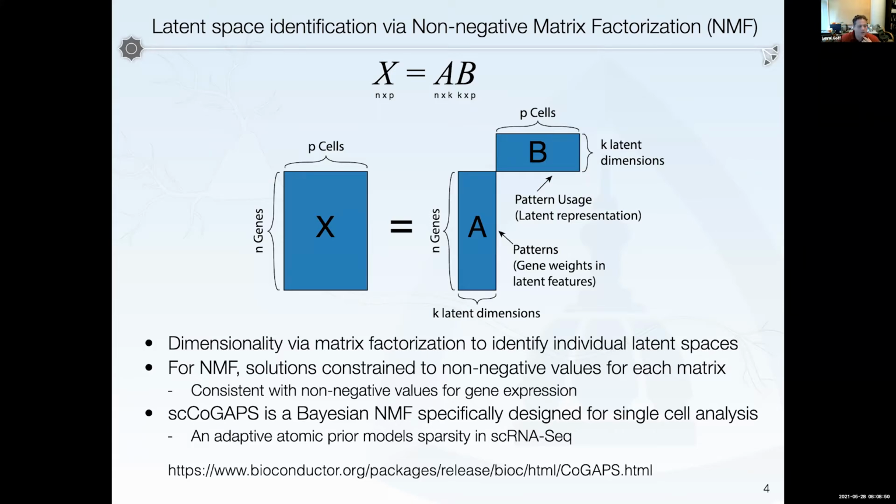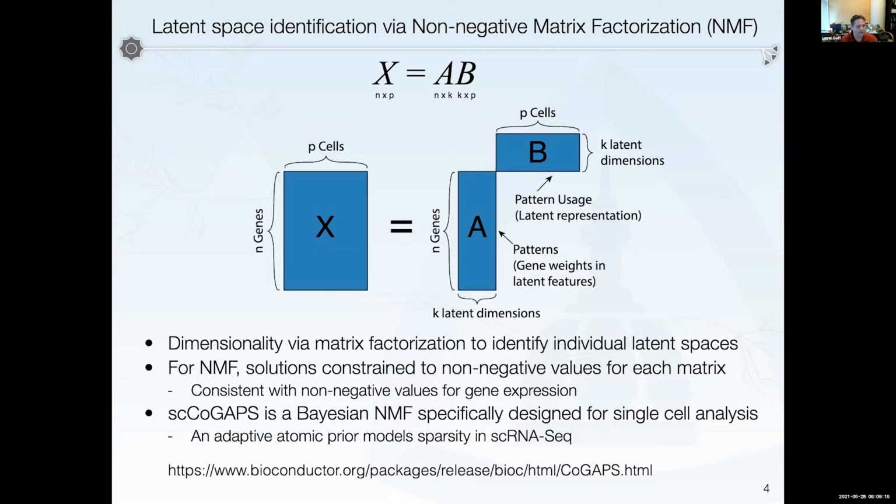Of the 2 matrices, A defines the gene weights in a specific latent feature: how much does each gene contribute to the signal or identity of what we like to call a pattern or latent space? And then matrix B corresponds to how those latent representations are used across the original input cells, okay?